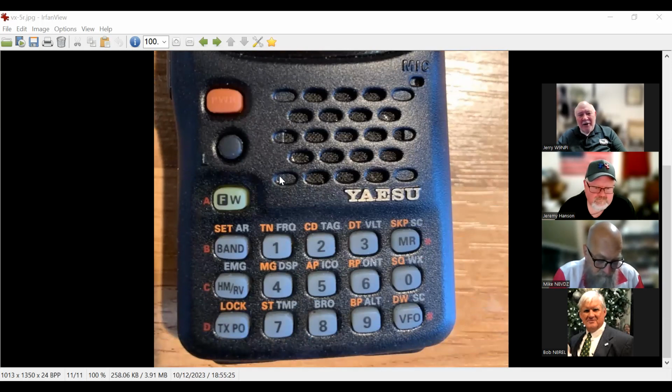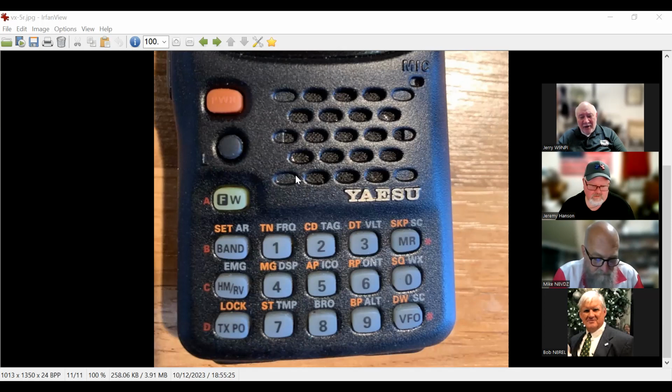Now, this thing has the radio frequency circuitry in it, but it's mostly computer. It's got several hundred memories, and you can stack them up in all sorts of configurations.